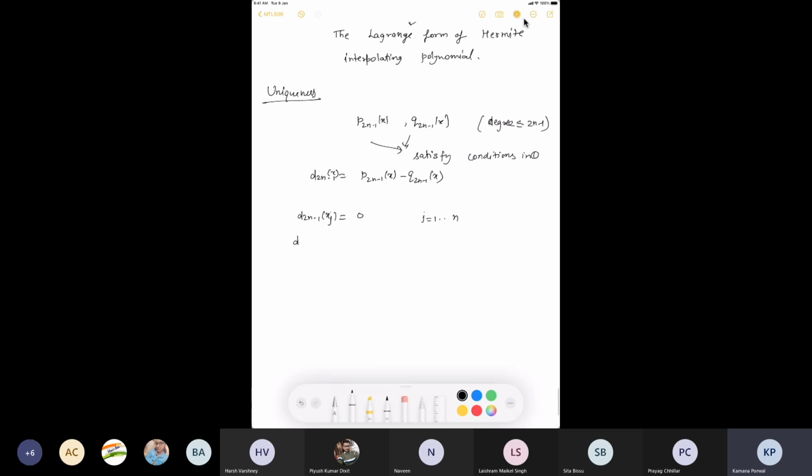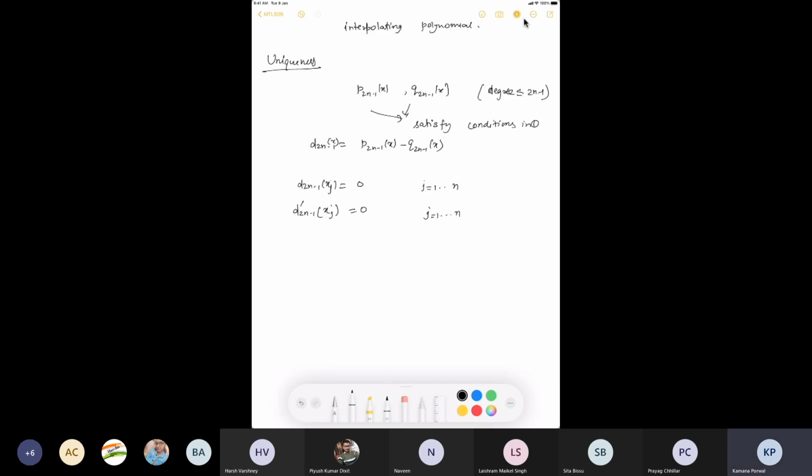Not just that, you will be able to conclude that the derivative of d2n minus 1 is also going to vanish at all the xj's, right? So what can you conclude using these two conditions? That each of the xj is a double root for this polynomial.